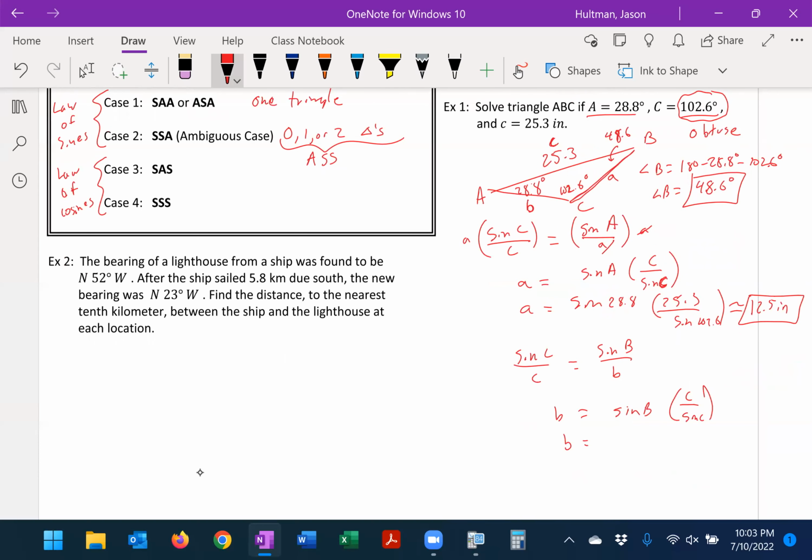B is sine of 48.6 times 25.3 over the sine of 102.6.